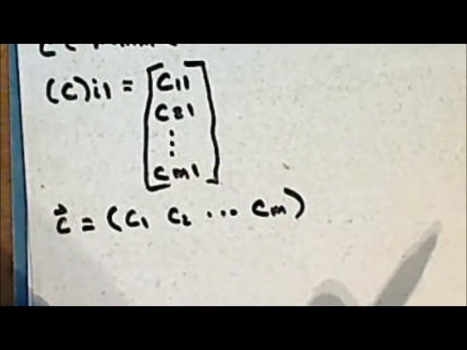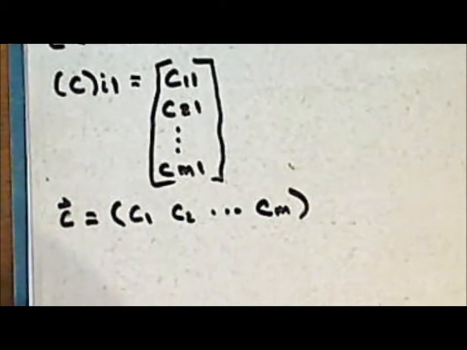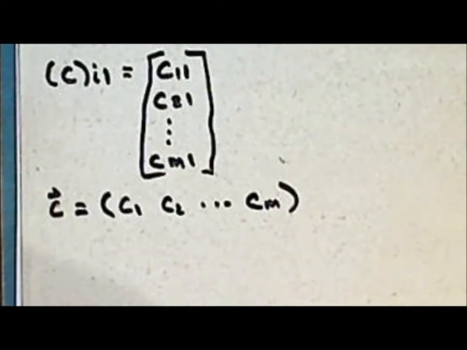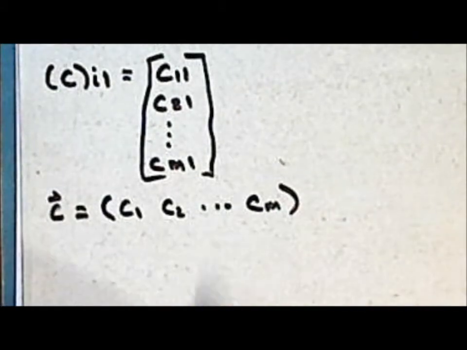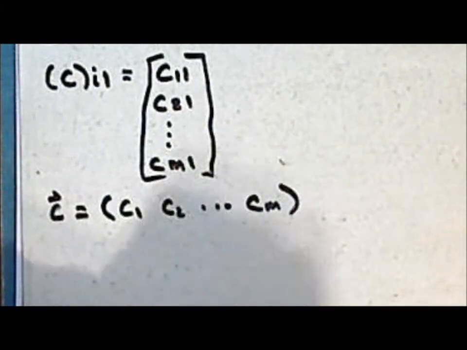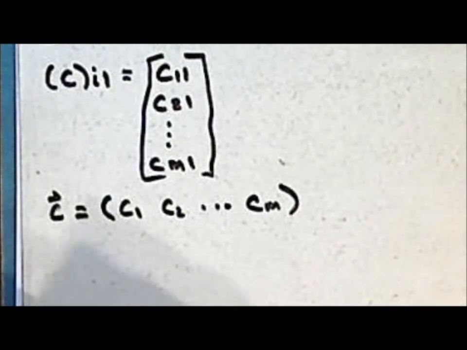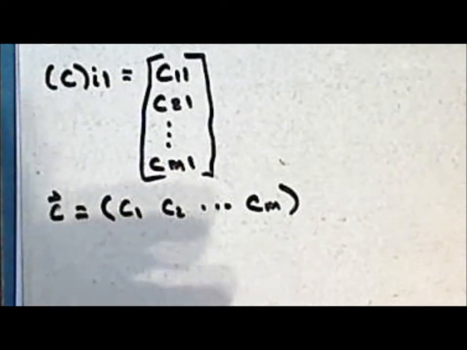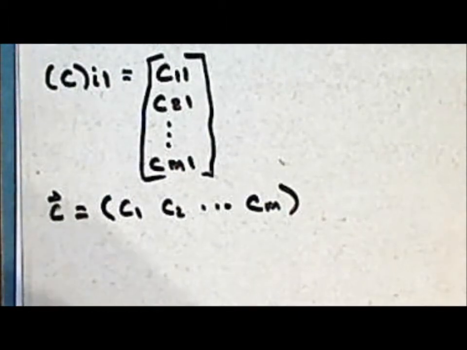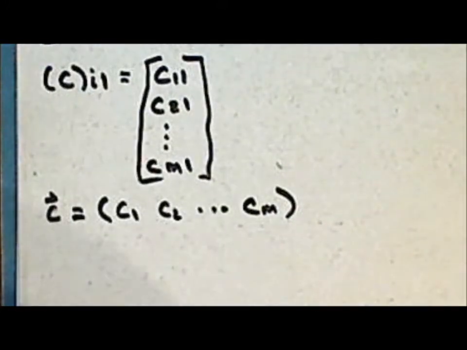Again, in the context, we need to make clear what type of vector we're speaking of, and in this case, a column vector. Now, these differences are not the only differences between vectors and matrices. In fact, there is a much more compelling reason to treat vectors as objects distinct from matrices, and that is that unlike matrices in general, vectors have a geometric interpretation that correspond to a physical meaning.